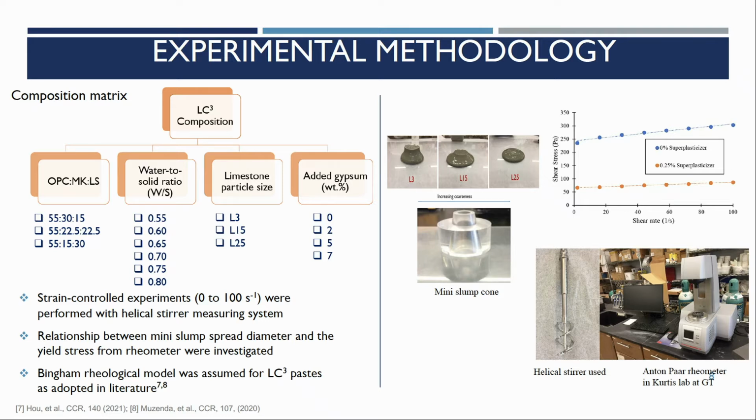And then we did both mini slump measurements, as well as steady shear rheology measurements, where we could separately measure the slope, which is the viscosity, and the intercept, which is the yield stress of the paste. Okay. And so I'm just going to focus on where the blue curve meets the y-axis, the yield stress, and that's the thing that we're going to focus on modeling here.